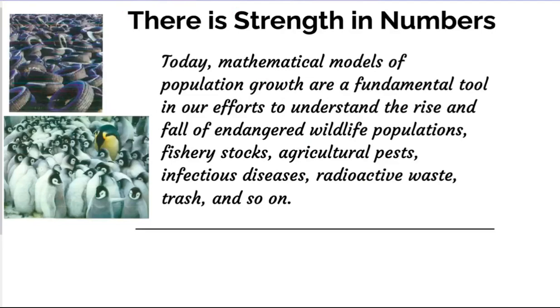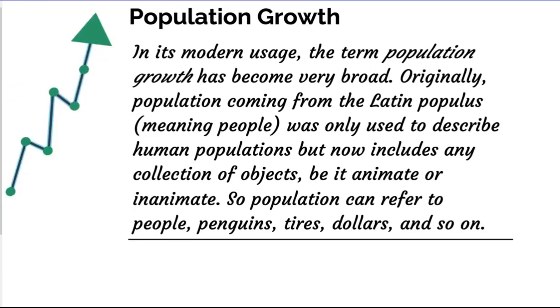Population growth is used to measure the rise and fall of many different levels, whether it's endangered wildlife populations or fishery stocks or insects and pests, infectious diseases, radioactive waste, trash, and so on. The term population growth is used in a very broad way.